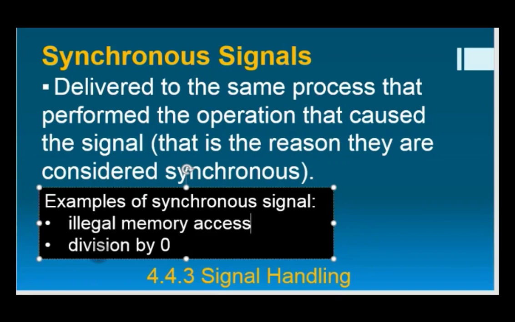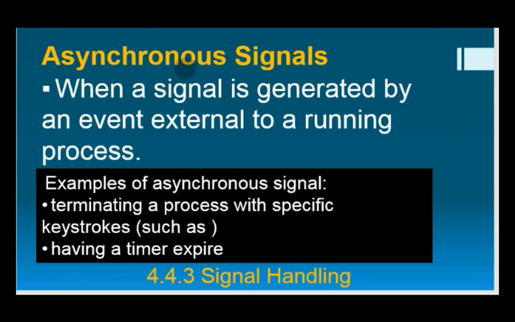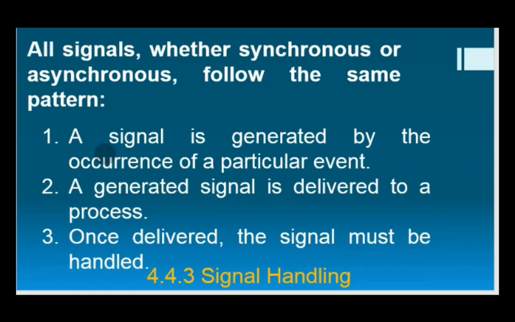Examples of synchronous signals are illegal memory access and division by zero. Asynchronous signals occur when a signal is generated by an event external to a running process. Examples of asynchronous signals are terminating a process with specific keystrokes such as Control-C and having a timer expire.